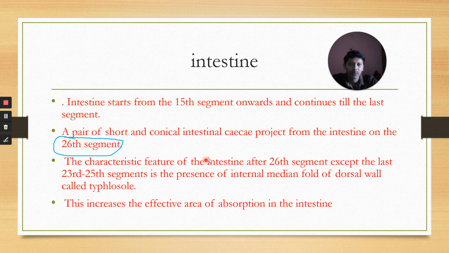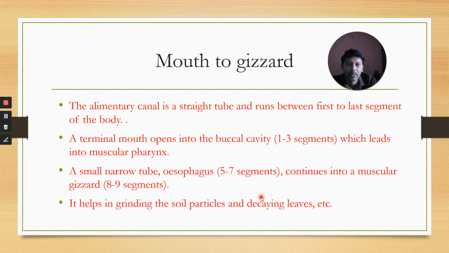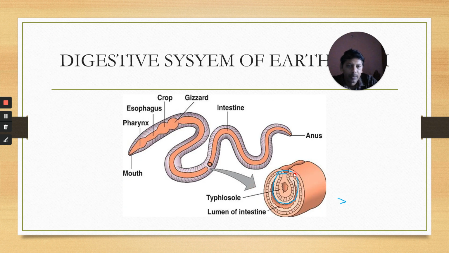The characteristic feature of the intestine after the 26th segment, except the last 23rd to 25th segments, is the presence of an internal median fold of the dorsal wall. Okay, look at this carefully here. This is the fold. Dorsal median internal fold.